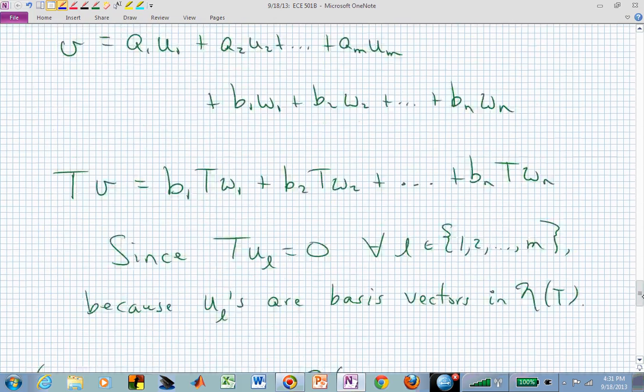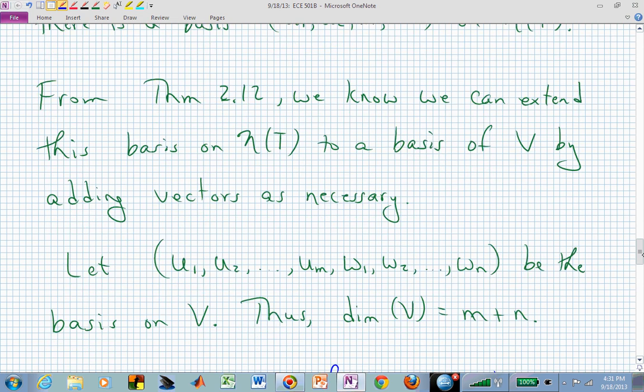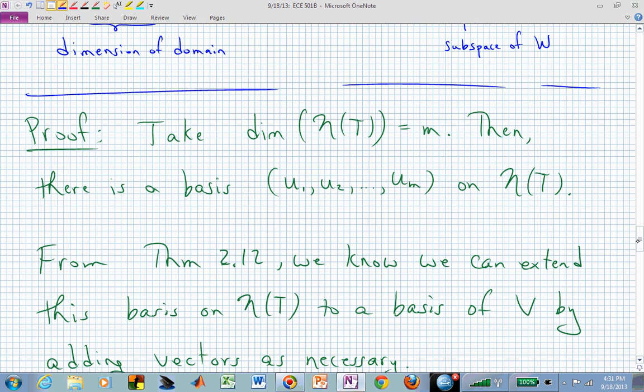But now let's keep going back. What else did we know? We actually picked a basis for the null space of T, didn't we? We said the null space of T is spanned by u's. Well, if that's the case, and this vector of w's is in the null space, then we can rewrite that as a linear combination of these u's.